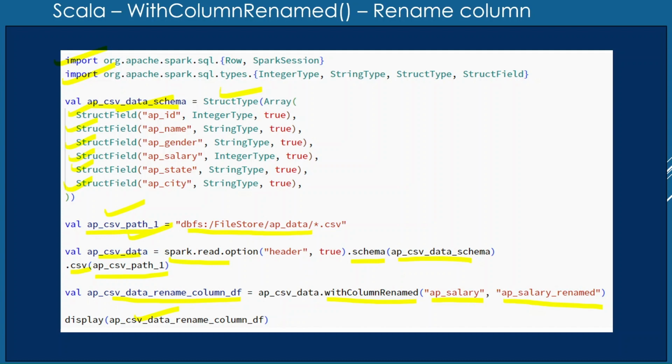Till here, I have done this many times in my previous exercises, so I am not going to do it again. I will copy the code till the creation of the data frame by reading the CSV file, and I will show you how we can rename the AP salary column with the help of the withColumnRenamed function. So let's see how it generally works in Databricks.